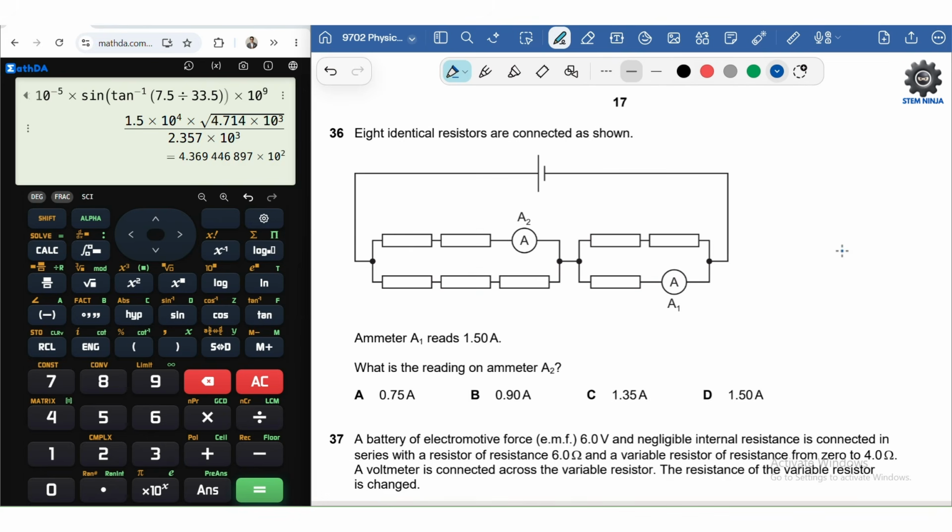Eight identical resistors are connected as shown. Ammeter A1 reads 1.5 amps. What is the reading on ammeter 2? Okay, alright, let's see. Eight identical resistors are connected as shown.